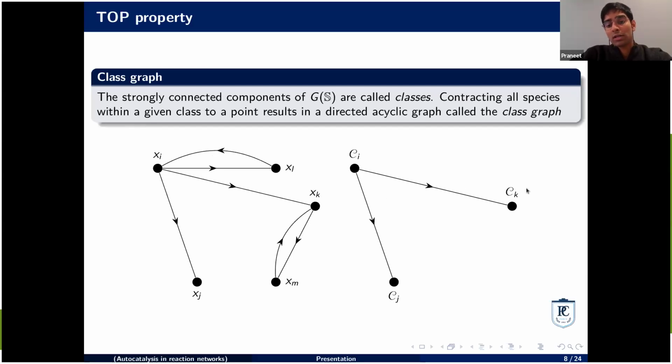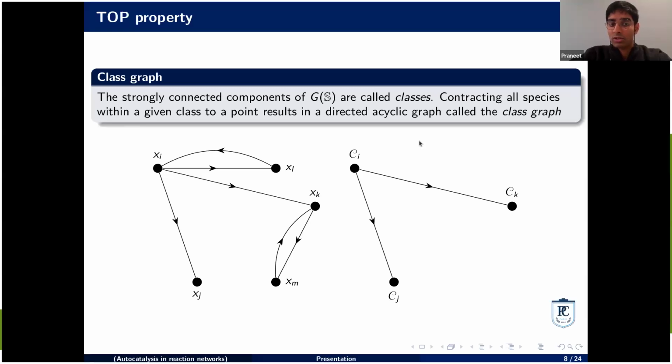And similarly, the class Ck is xk and xm, and the class Cj is the single node xj. Inside a class, all the nodes are strongly connected; there will be a path to go from any node to any node. But outside these classes, they will necessarily not be strongly connected, because if there were another node in Ck which is strongly connected to Ci, then it would be included in that class.